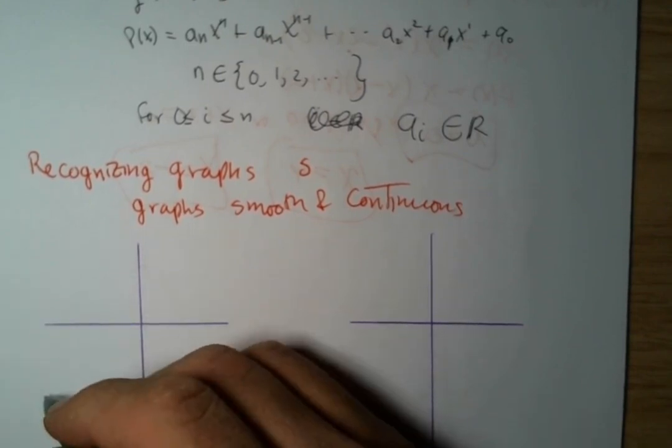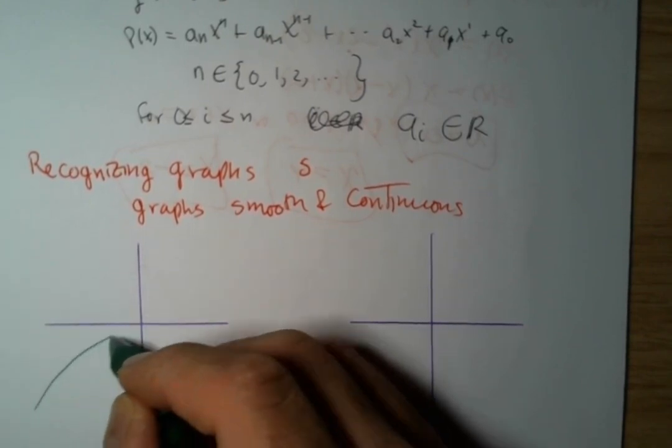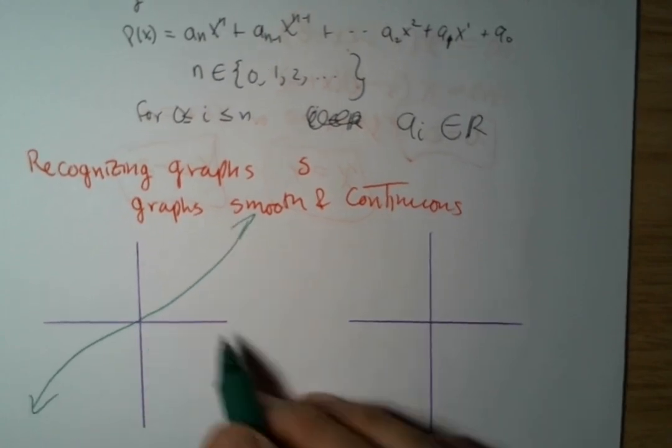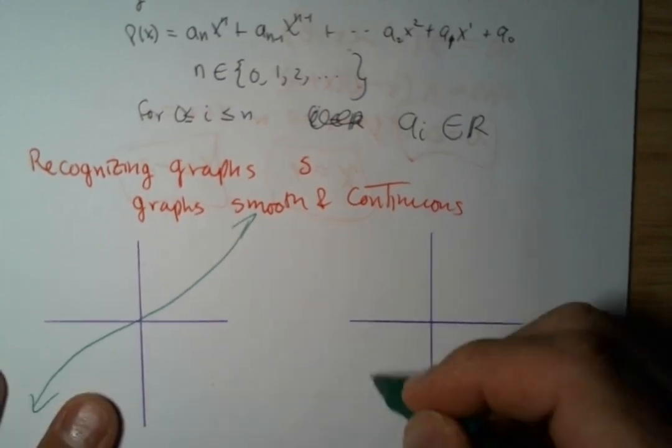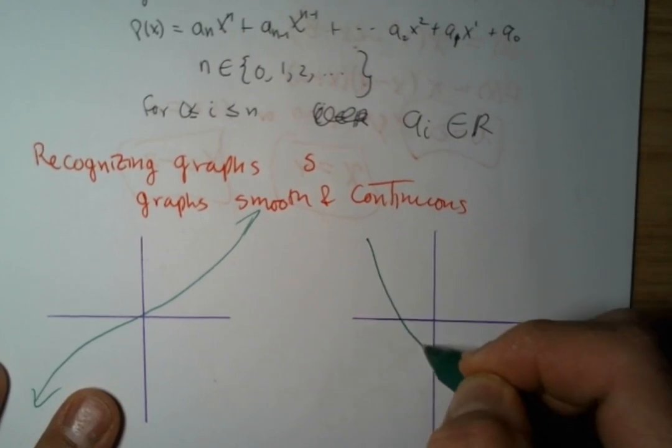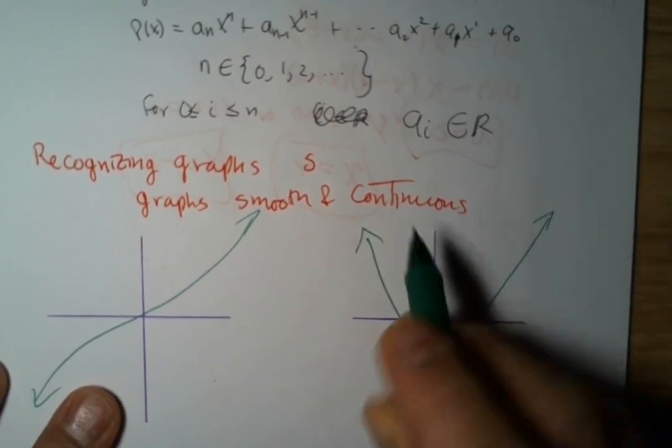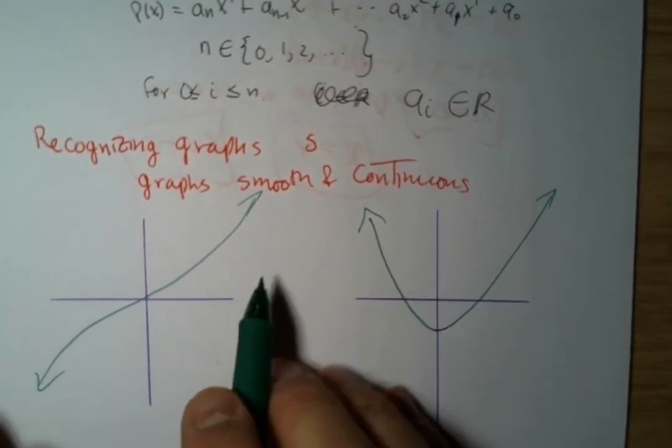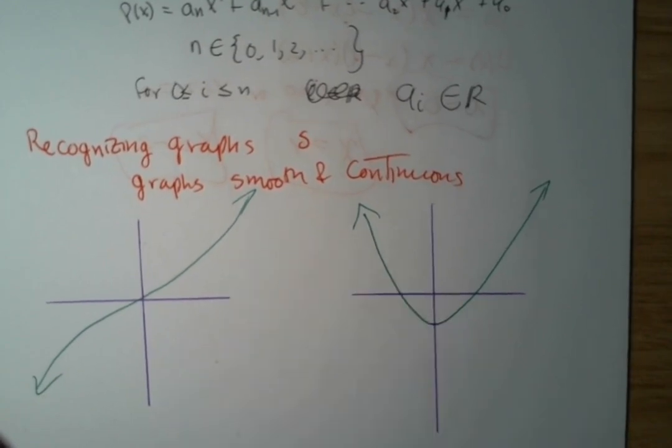Depending on the degree, they had a general shape where, if it had an odd degree, it looks something like this, and an even degree looks something like this. They exhibited the same end behavior.